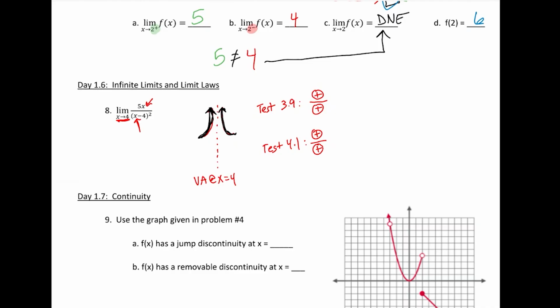We don't need to analyze the function anywhere further away from it. So we can write our answer here that there really is no limit. From a technical standpoint, the limit doesn't exist due to that unbounded behavior. But because on both sides we're going to positive infinity, it is okay to say that we're going to infinity.